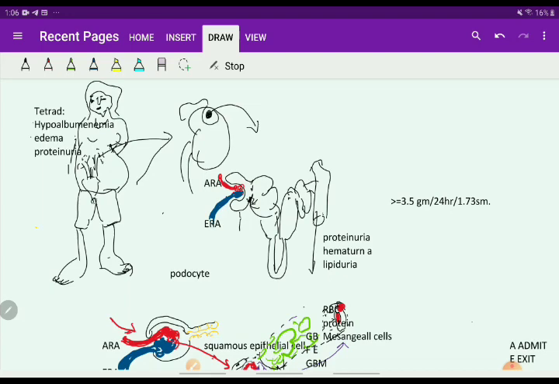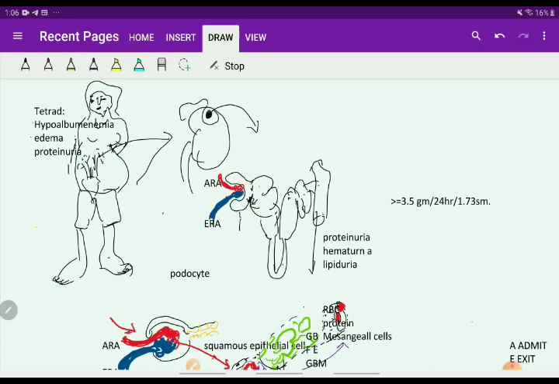Then the filtrate goes to the proximal convoluted tubule, then to the descending limb of the loop of Henle, thick and thin segments, then the ascending thin and thick segments, the distal convoluted tubule, and then the collecting ducts.